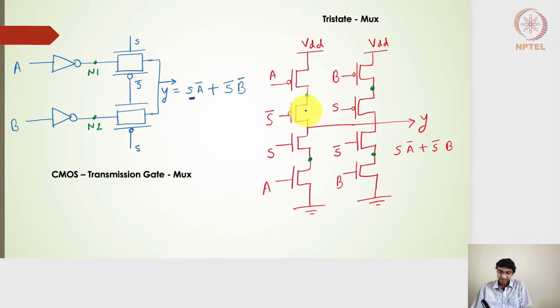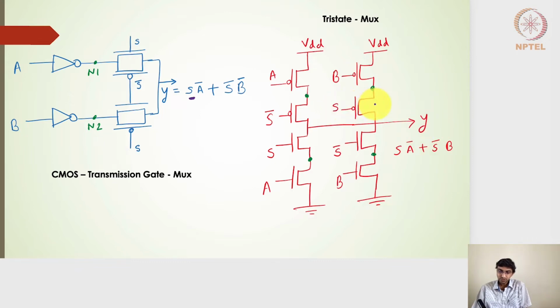The transistors on the next branch will be off, and thereby Y will not be connected to the transistors connected to B. So Y will be connected only to the A transistors on the PMOS and NMOS side, and it will give me the complementary output of the A signal.